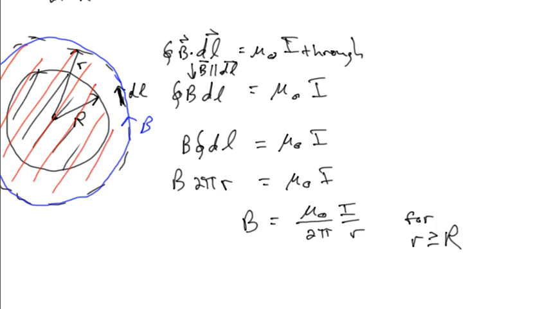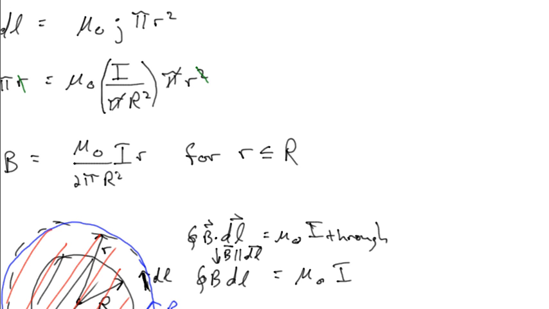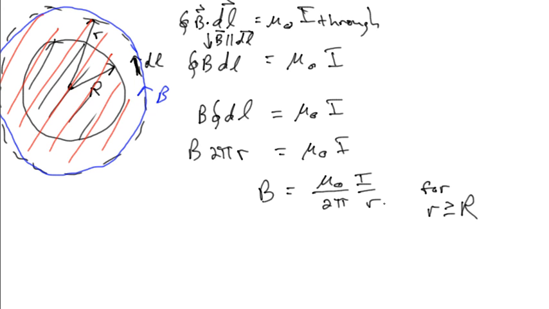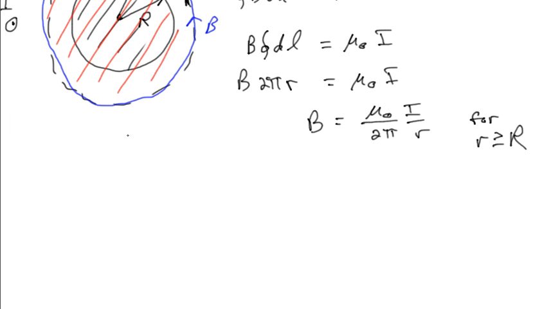In other words, the magnetic field on the surface of the wire is the same whether I use the formula that was good for inside the wire or the one that's good for outside. So inside it grows linearly with distance from the center of the wire, and outside it dies off like 1 over r. Alright, so let's write a little function that does that.